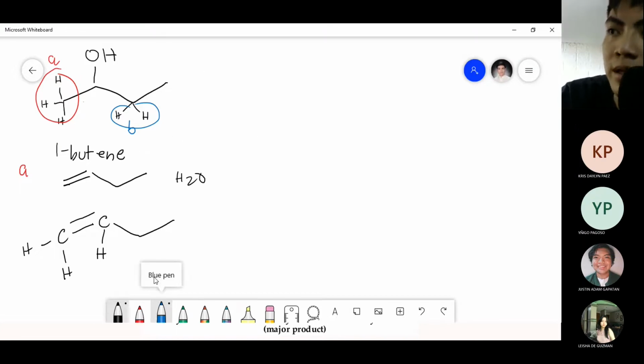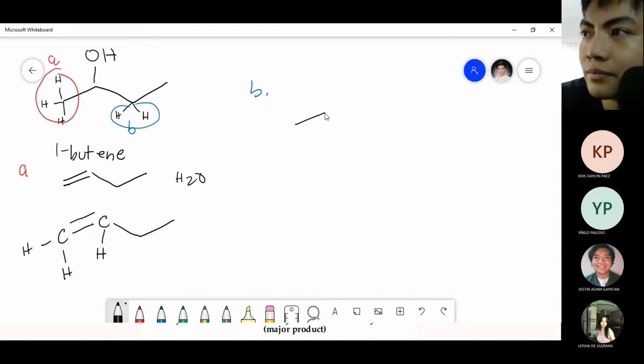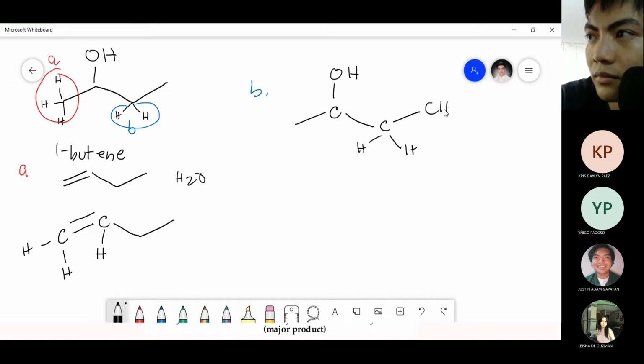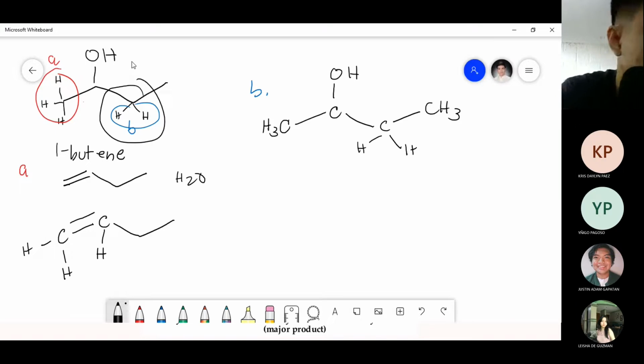Okay, how about letter B? Sa letter B naman, dito siya kukuha ng hydrogen. Okay? So ito yung draw ko na Lewis structure. Okay? So yan. Ito lang din yan. Okay? Pero ito pinakita ko yung Lewis structure sa part na to. Okay? Ano sabi natin?